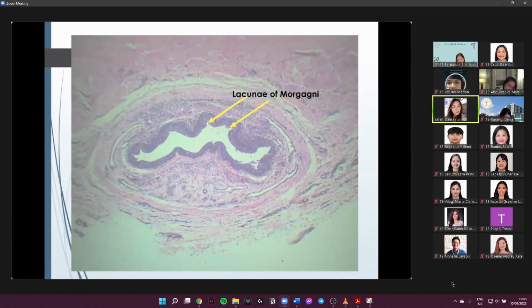So this one is most likely stratified or pseudostratified columnar epithelium. And again, as we noted here, you will see these depressions, what we call the lacunae of Morgagni. So after the lining epithelium, again, of course, we have your lamina propria.